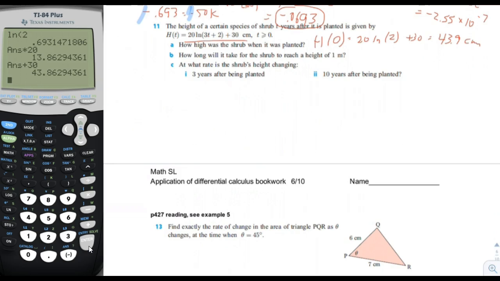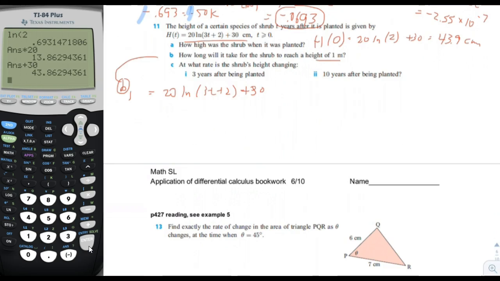Okay, how long will it take for the shrub to reach a height of 1 meter? So, we can use the calculator, or we can use natural log. And so let's use natural log. So we'll say, hey, I'm going to say that the height is 1 meter. So I'm going to say 1 equals 20 natural log 3t plus 2, plus 30. Sorry, it says 1 meter. So 1 meter is actually 100 centimeters, right?